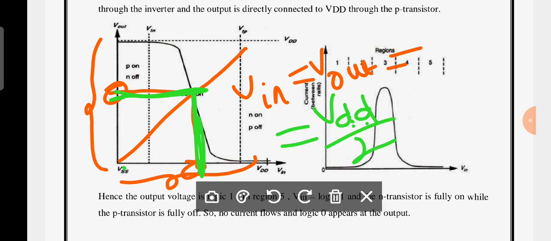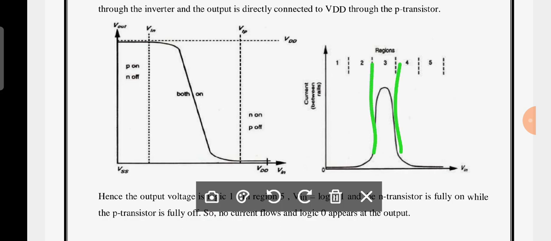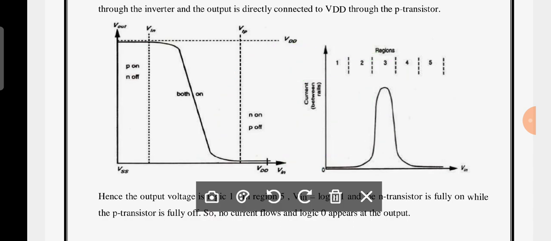Is it clear? Therefore, if you maintain this Vin as VDD by 2, then it is possible to overcome this saturation region concept. Why? Because high switching capability is going to be present. High switching capability. Is it clear, all of you? Then we have to derive some expression here, IDS versus VDS.